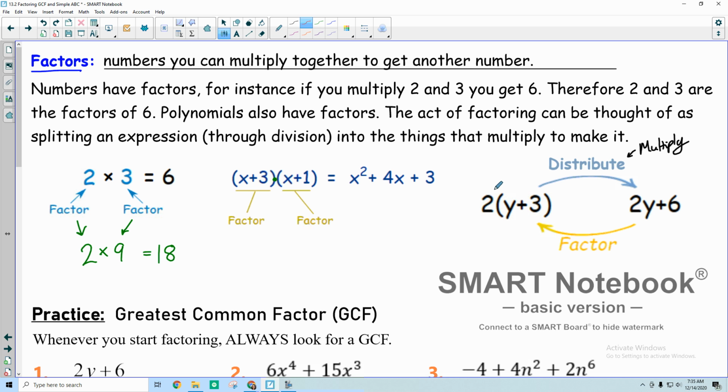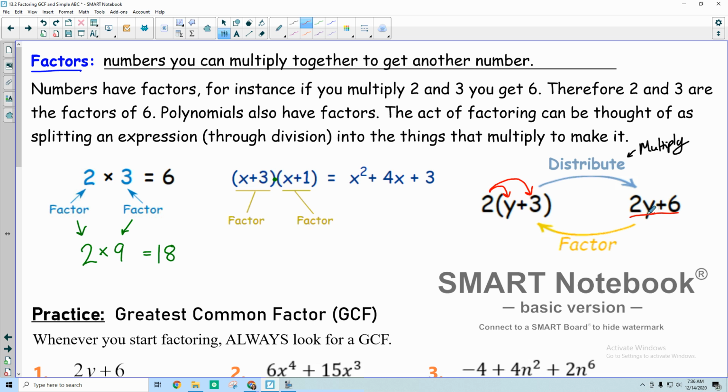Hopefully, your teachers before, like in Algebra 1, trained you to look at that and think, all right, I need to distribute this. I need to take this 2 and multiply it to the y and multiply it to the 3. Okay, so hopefully that looks a little familiar. So we're distributing, 2 times y gives me 2y, and then 2 times 3 gives me 6. I just distribute this.